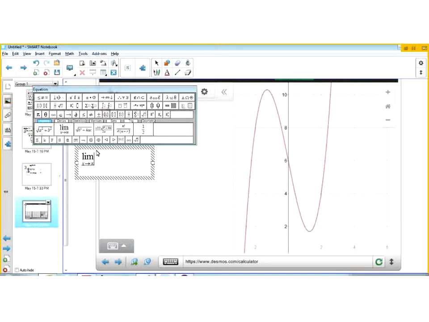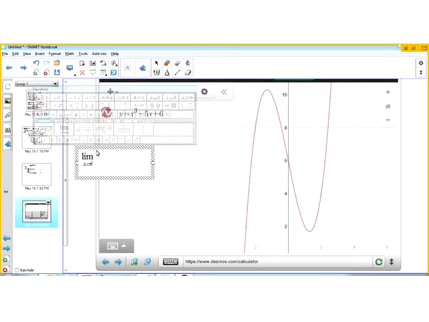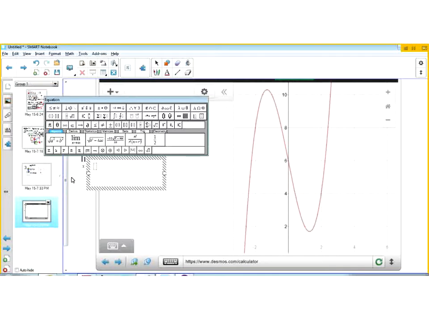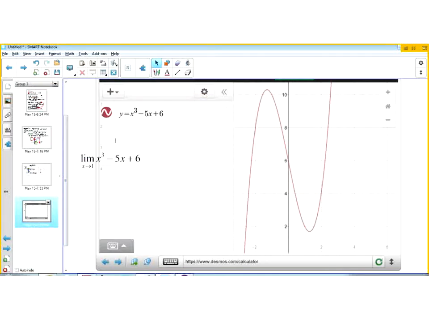We want the limit as x approaches 1 of x cubed minus 5x plus 6. Okay, so this is what we're chasing.